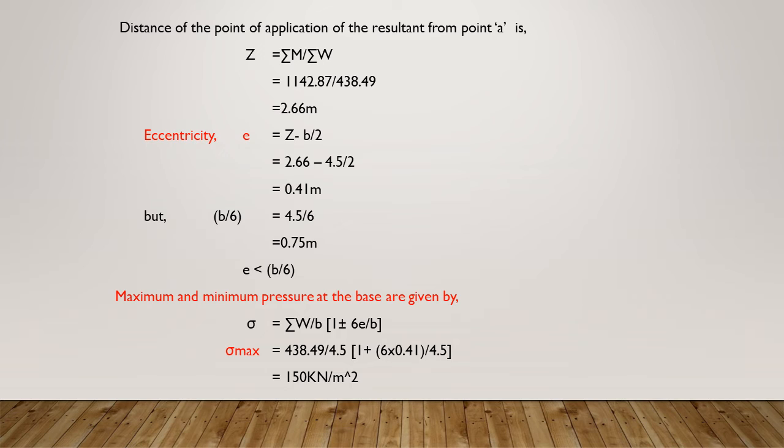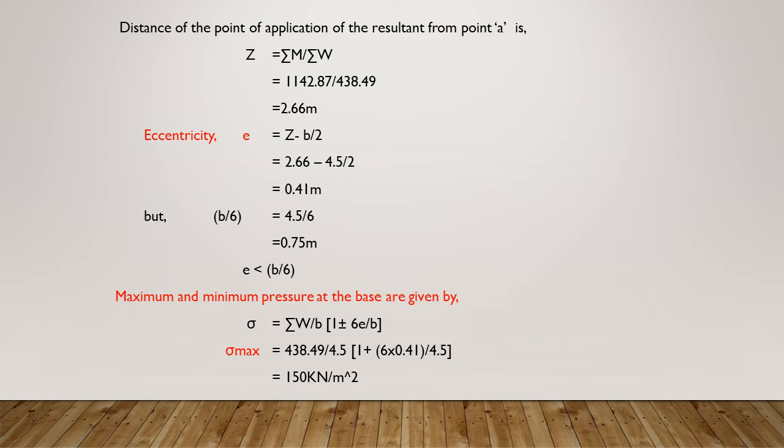So Z is 2.66 and b is equal to 4.5 meter, the width of the base slab. So e is equal to 0.441 meter. We have one condition, e is less than b by 6. b by 6, 4.5 divided by 6, is 0.75. So this condition is safe.